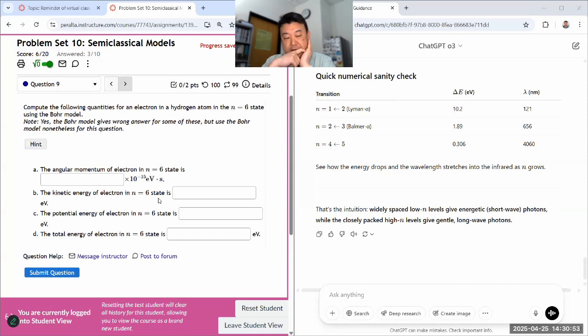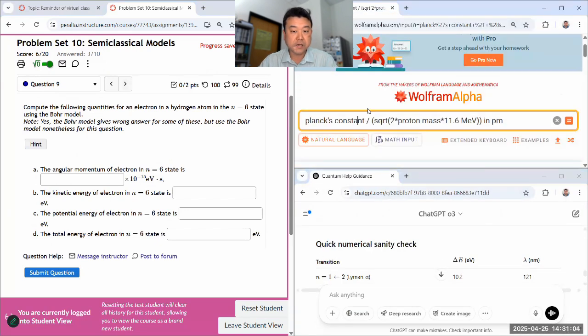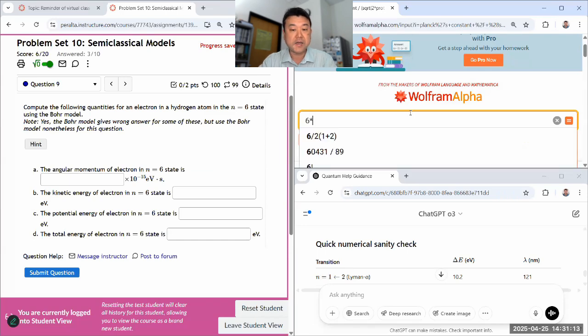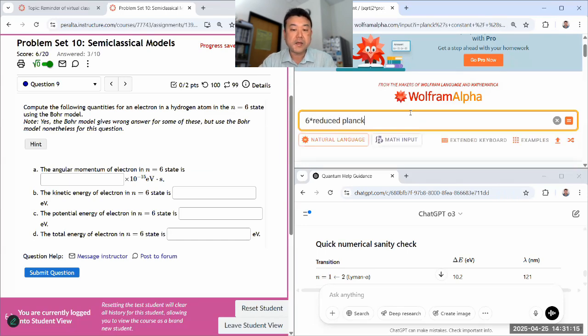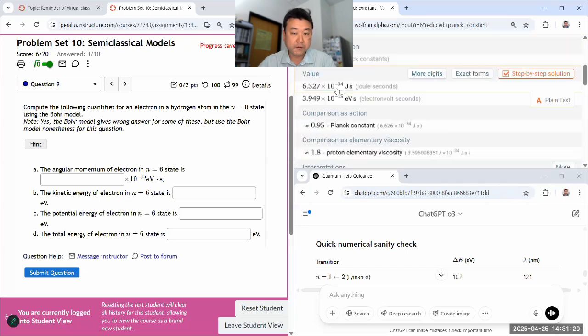Here's the interesting thing that I could have ChatGPT's help with, though I don't really need the help. In terms of angular momentum and all that, I can just do the calculation. For the n equals 6 state using the Bohr model, where angular momentum is quantized as n times h bar, it's 6 times the reduced Planck constant, and Wolfram Alpha gives me 3.949.